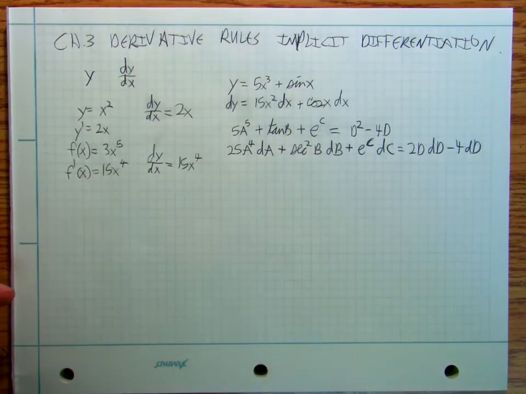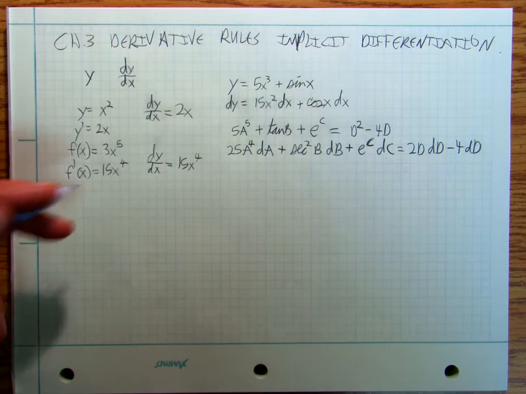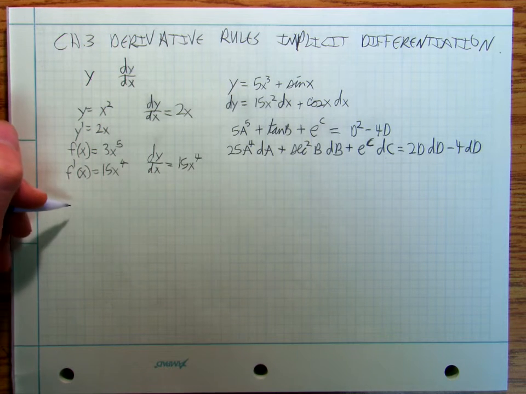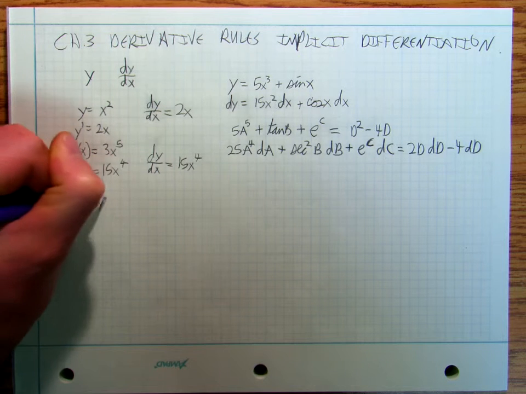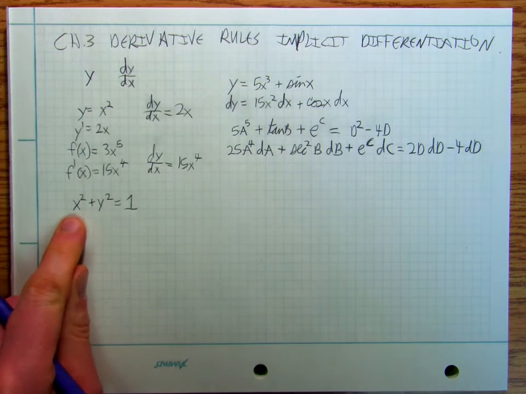Why is this important? One of the places implicit differentiation can be used is implicit functions. So here I've got a really nice simple function. That's the unit circle.